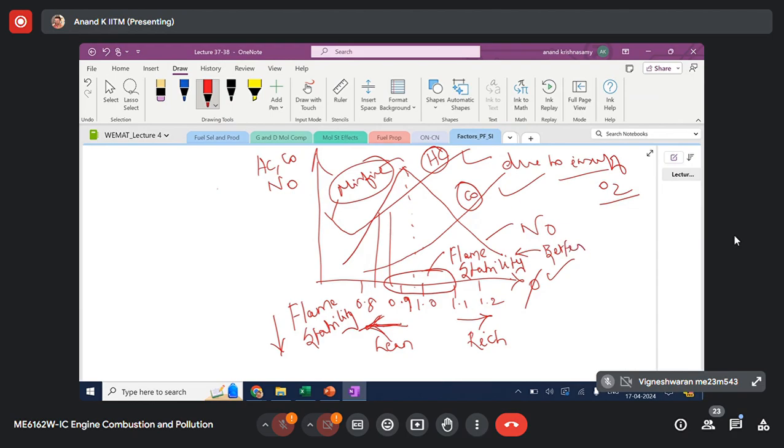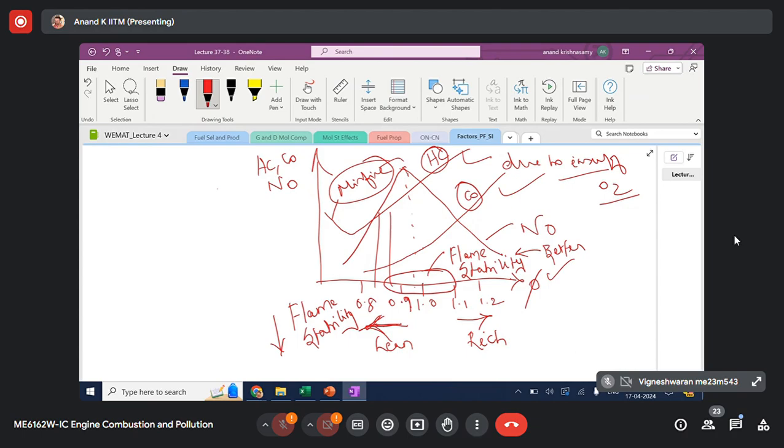The overall combustion event is a flame propagation based event. If you cannot maintain a stable flame, there is no effective combustion that will take place in an SI engine. So you need to run an SI engine in a very close margin of phi, and that too around stoichiometry. Lean or rich, again close to stoichiometry, right? Don't deviate much from stoichiometry, otherwise you will have a problem of flame stability.